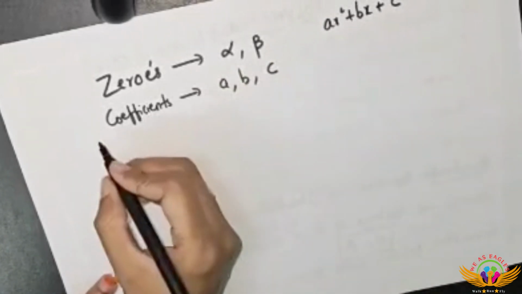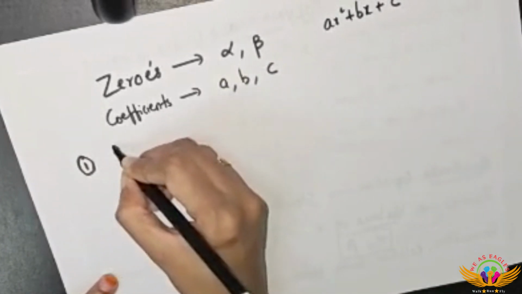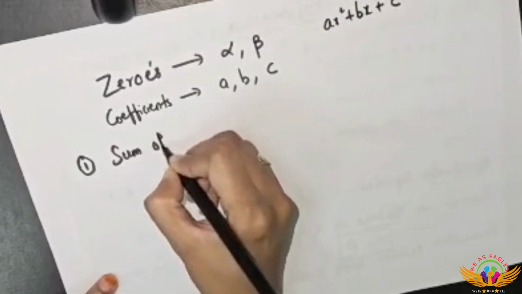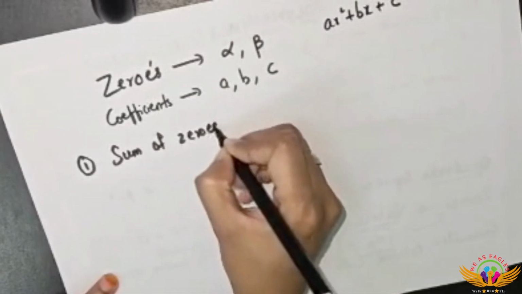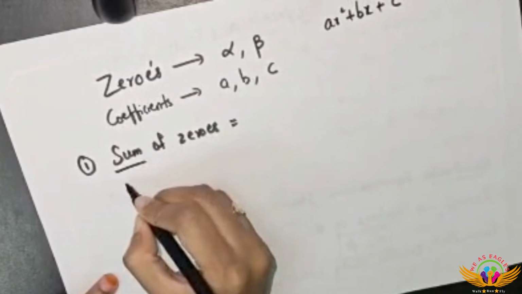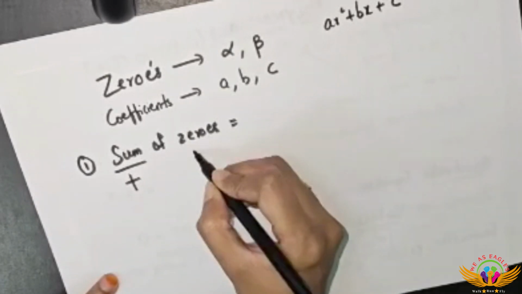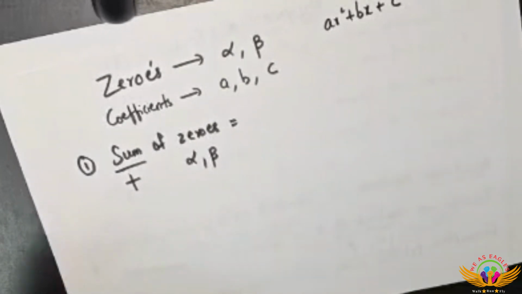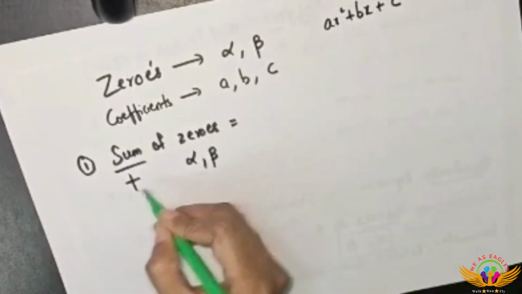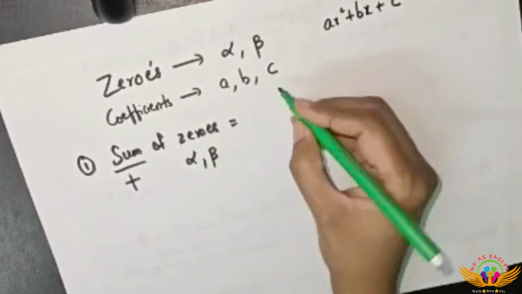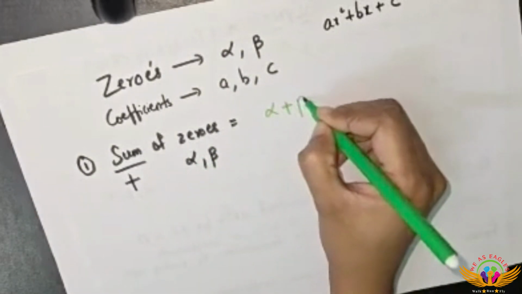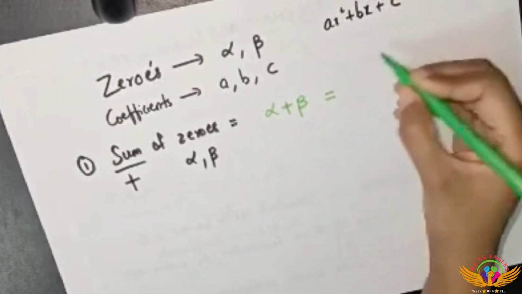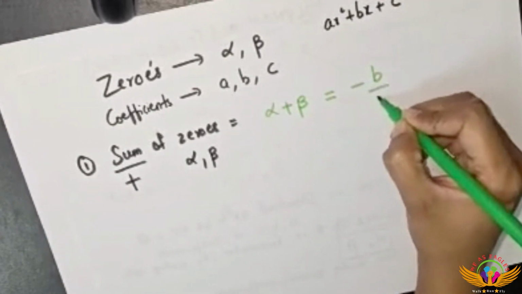The first important formula is the sum of zeros. Sum means plus. What are zeros? Alpha, beta. So we are adding these zeros alpha and beta. Alpha plus beta is equal to minus b by a.